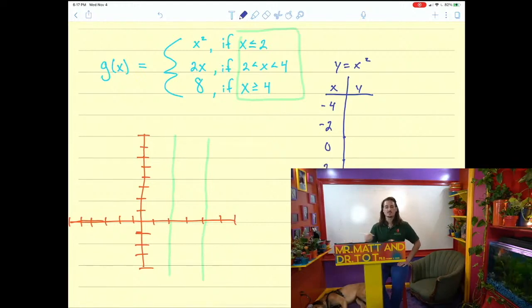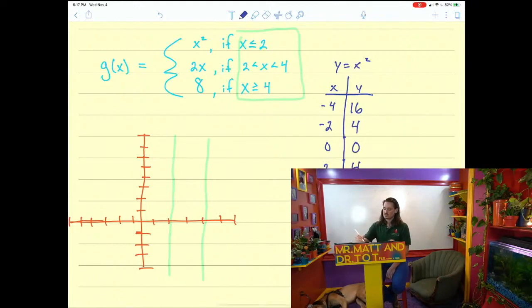If I put -4 into x squared, I get +16. If I put -2 into x squared, I get +4, because -2 squared is +4. If I put 0 into x squared, 0 squared is 0. And if I put +2 in, 2 squared is +4.